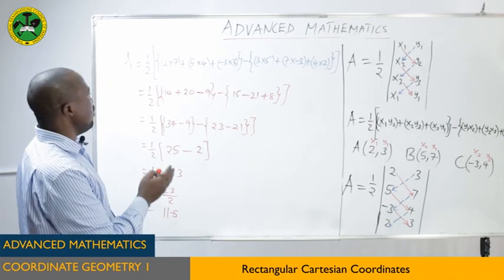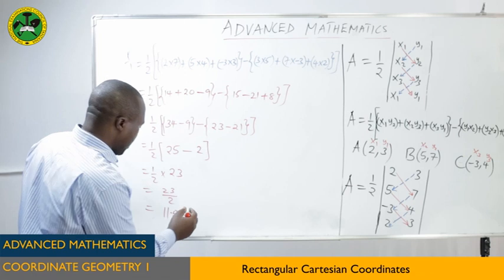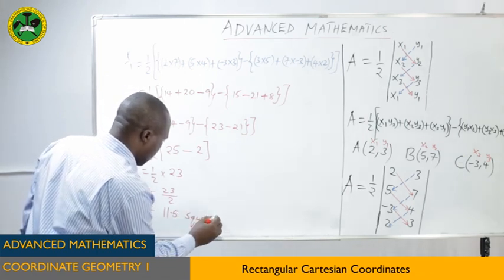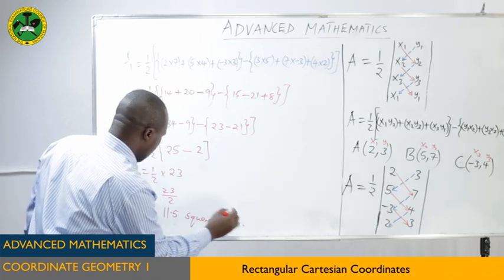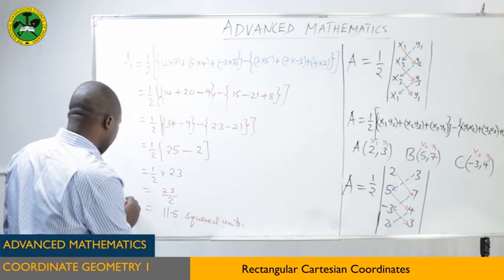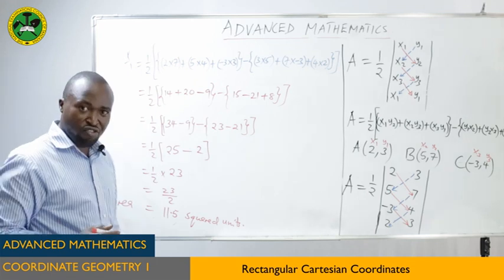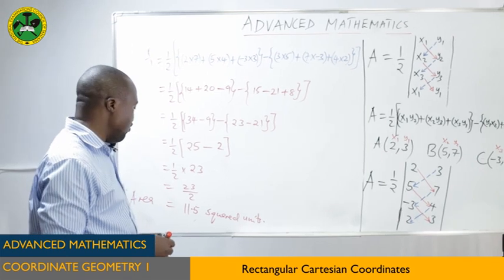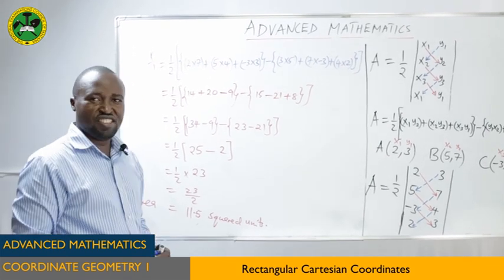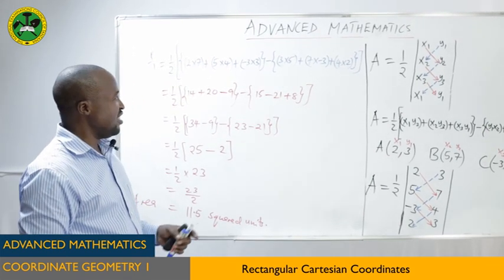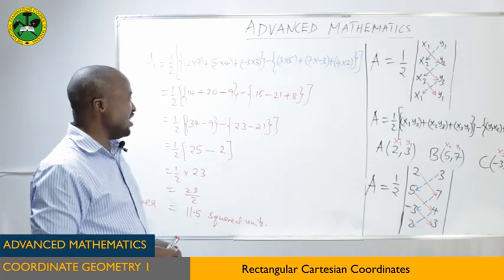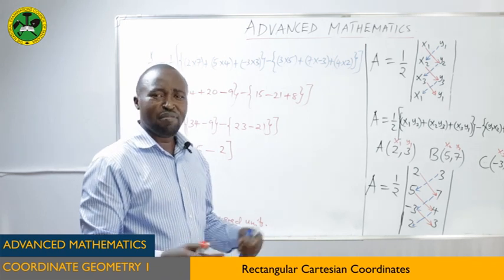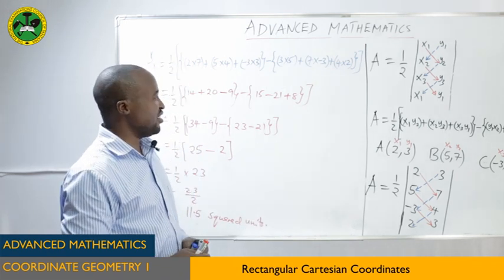Remember, we are looking for area of a triangle, so the SI unit is squared units. Therefore, the area of our triangle will be equal to 11.5 squared units. So that is how to find the area of a triangle when you have 3 coordinates. Something which is very simple.